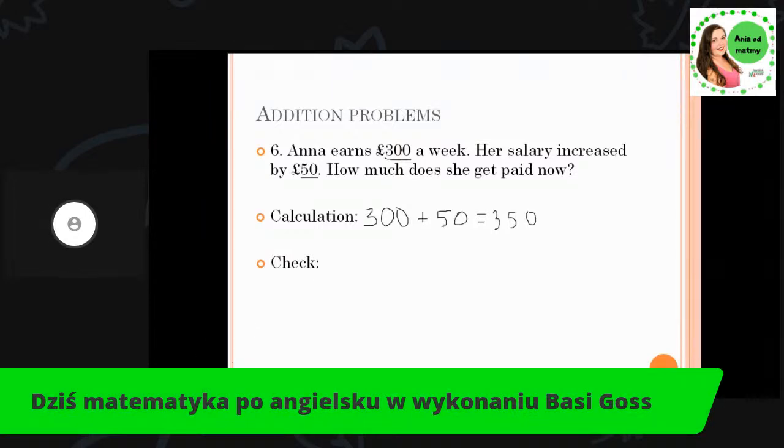Yes, our check is 350 minus 50 equals 300.